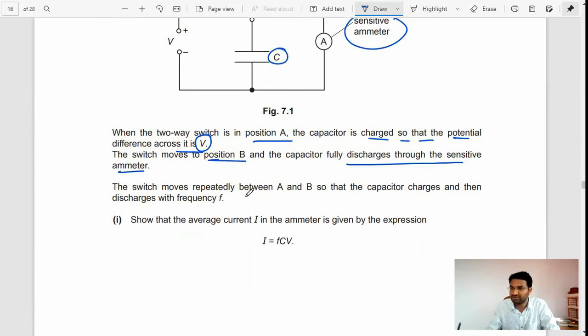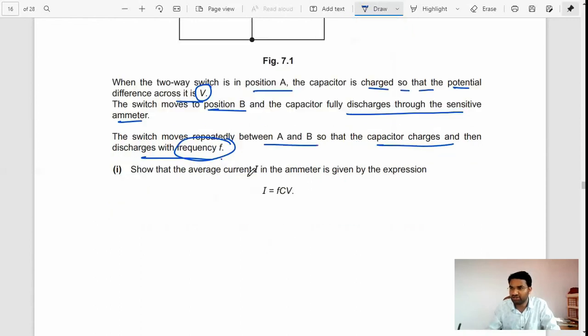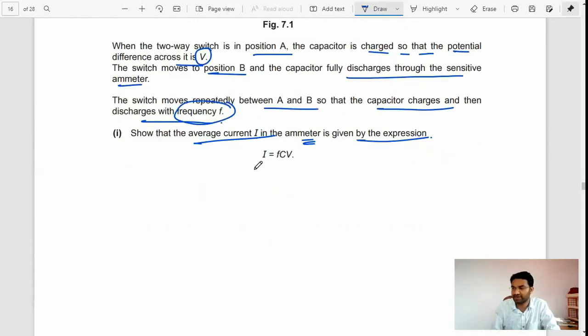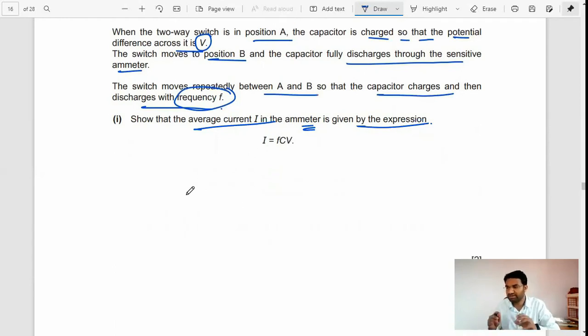The switch moves repeatedly between A and B so that the capacitor is charged then discharged with a frequency F. Show that the average current in the ammeter is given by the expression. So we have to show this equation, I is equal to F times C times V.